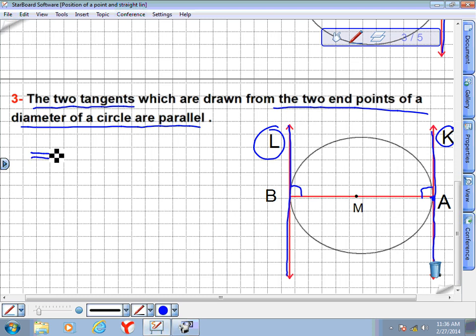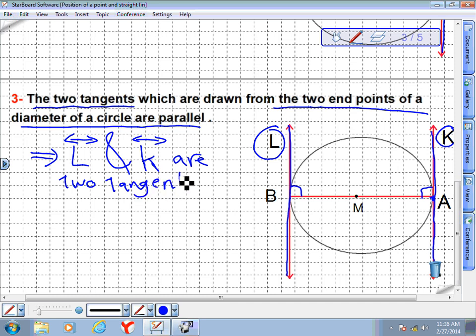So L and K are the straight lines of two tangents at the points B and A respectively.